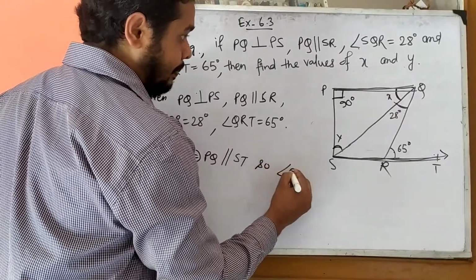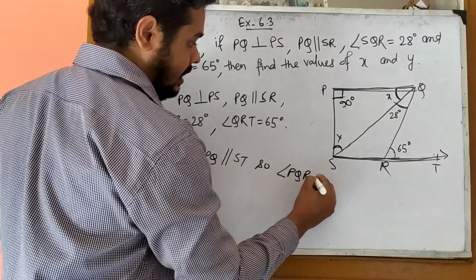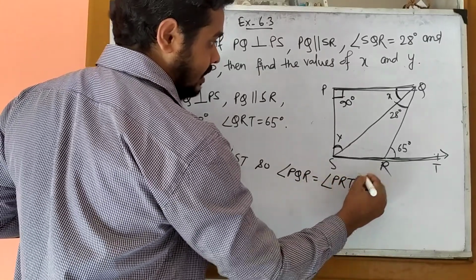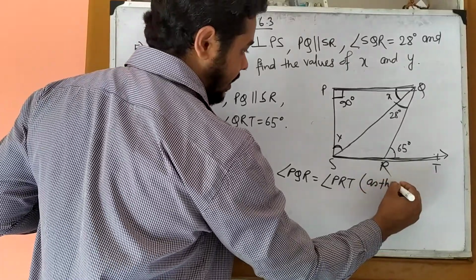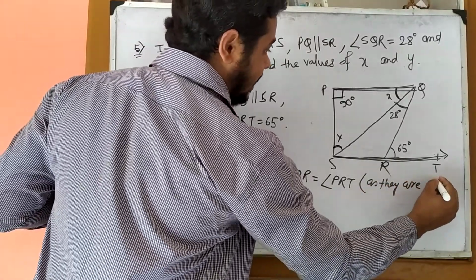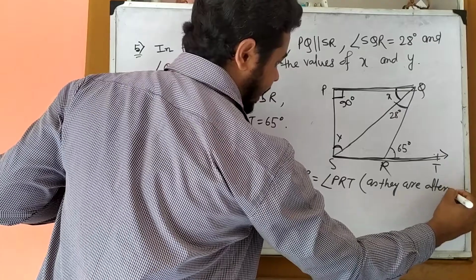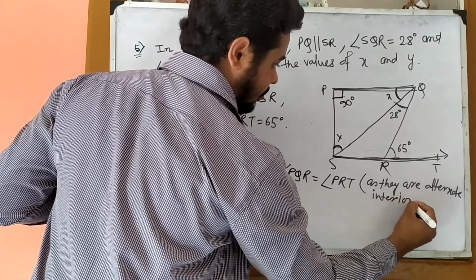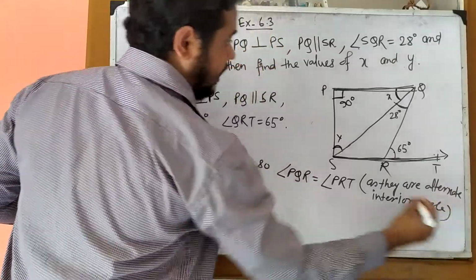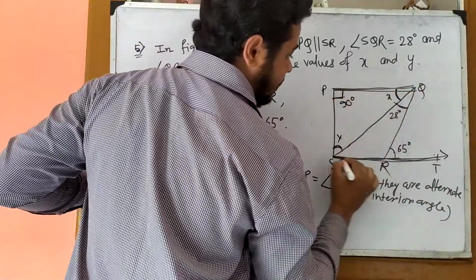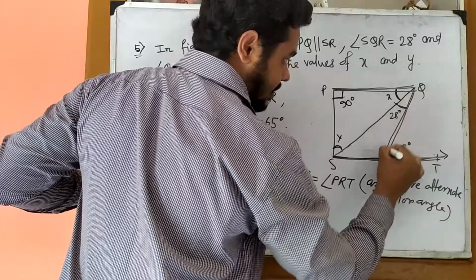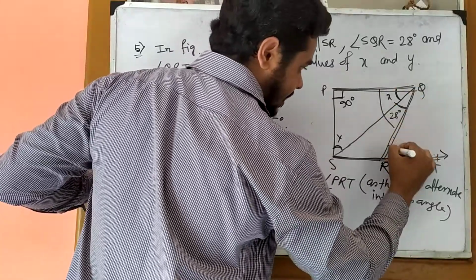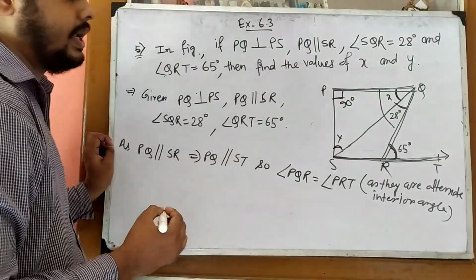So angle PQR equals angle PRT, as they are alternate interior angles. See, these two lines are parallel and this is the transversal. Therefore, this whole angle and this angle are alternate interior angles.